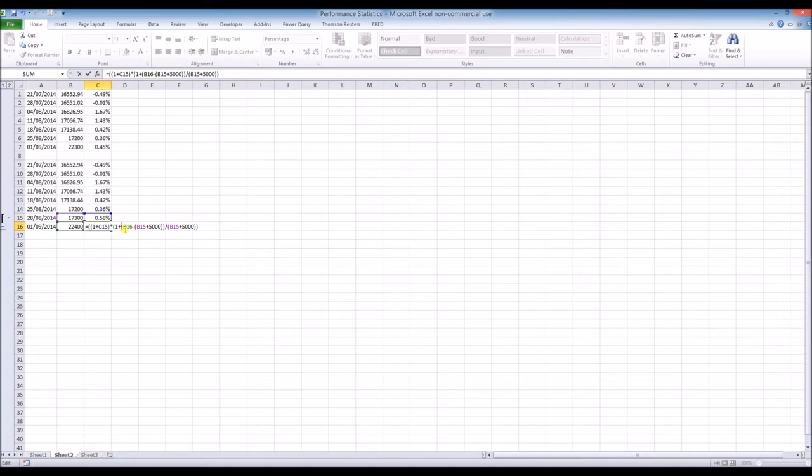You need to make sure that you've got these brackets displayed correctly as well, and then close the whole equation with another bracket and minus 1.